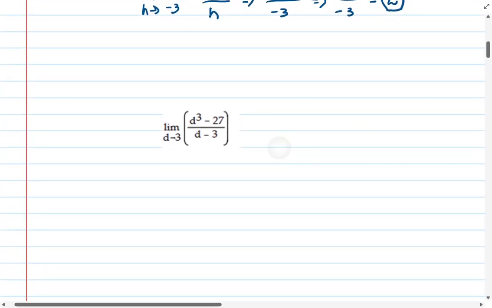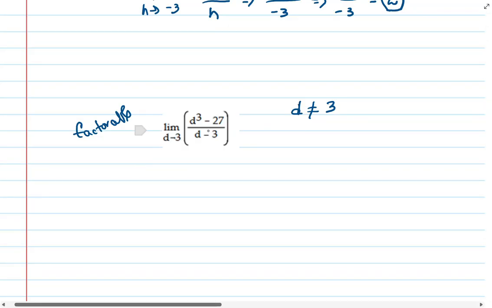Again, we have a rational function. So in this case, the domain of d cannot equal 3, and that's what we're looking at. So we're going to have to do the factoring again to see if there's a removable point. If not, we would then use a table. So on our denominator is d minus 3.